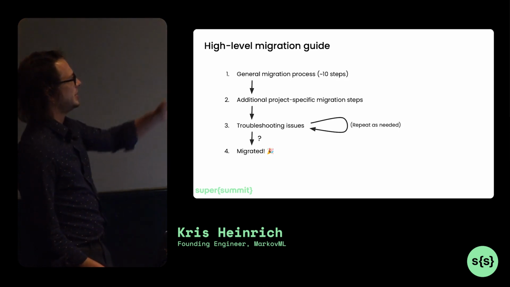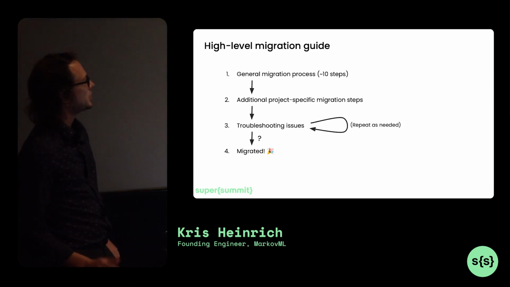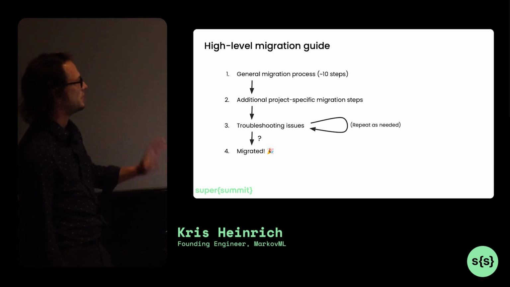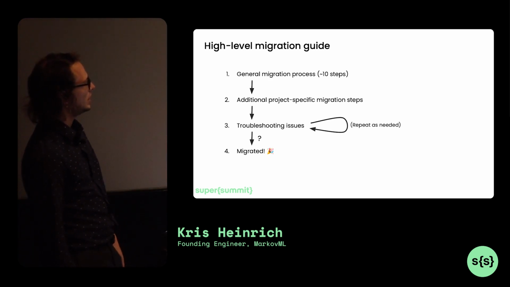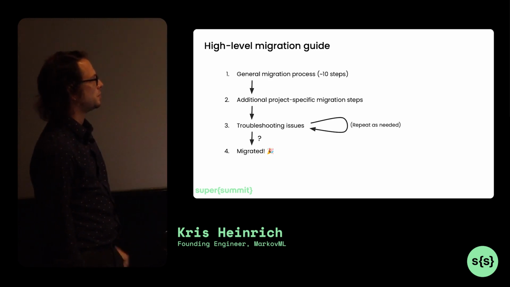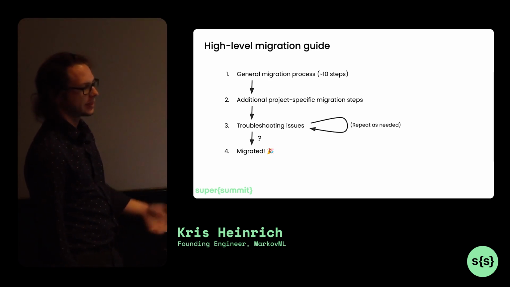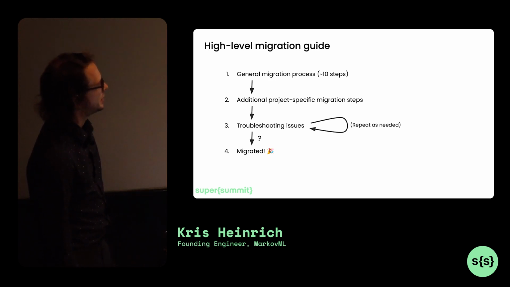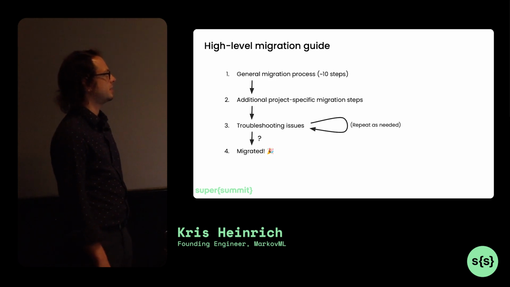You can follow the flowchart here, but basically there is a general migration process, which we'll go over shortly. It's around 9 or 10 steps. Additionally, if your project has, for example, TypeScript or styled components or different things like that, there's probably additional migration steps you would anticipate having to do.